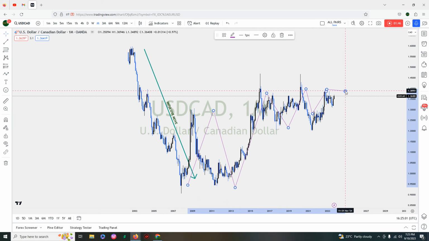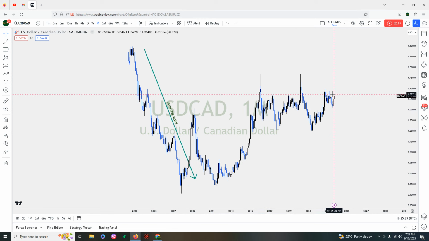That tells you that for the long term, the US dollar is bearish versus the Canadian dollar. One of the main reasons is that Canada has a lot of oil reserves, and anytime oil prices go up, the Canadian dollar also goes up. Presently, world oil prices are set to go higher, so it confirms what we have.